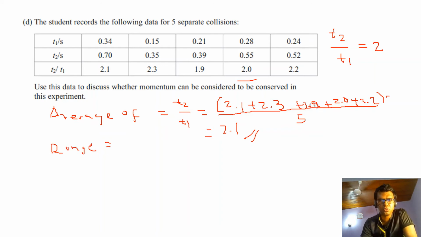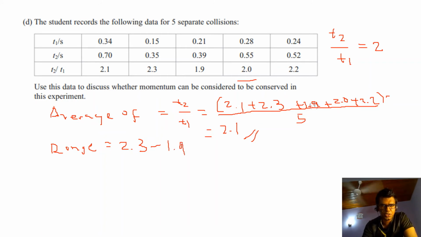Range equals maximum minus minimum. So what is the maximum value? 2.3. Minimum is 1.9. So then what is going to be the range? 2.3 minus 1.9 is 0.4.